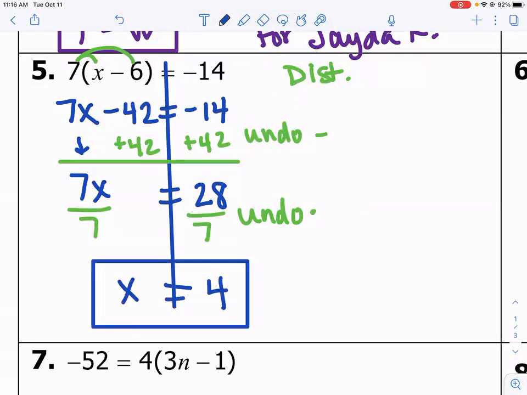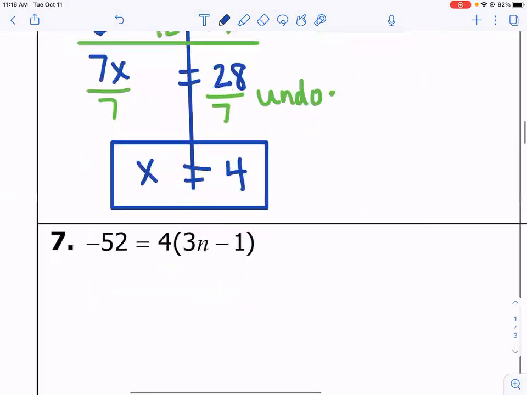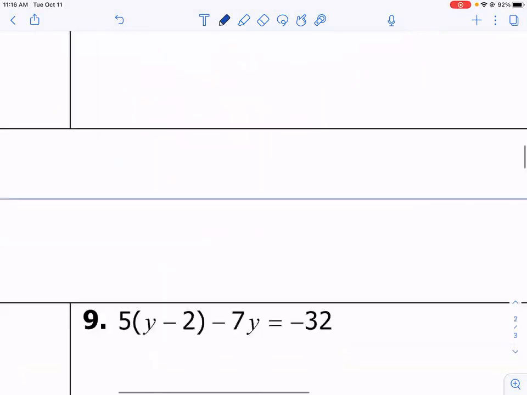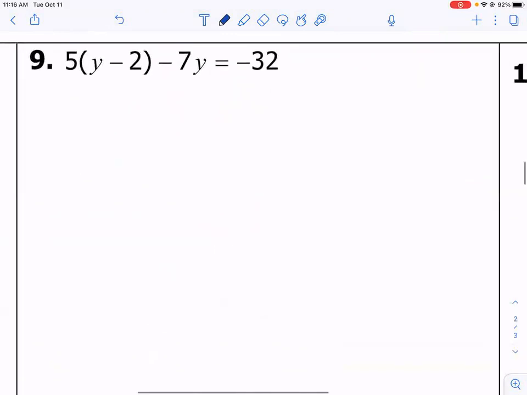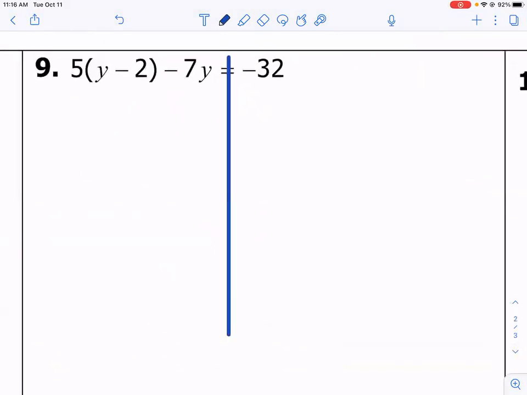Let's do another one. We're gonna slide over to problem number 9. Are you upset that we're doing another problem? Oh, so in this problem, we get to distribute and combine like terms.